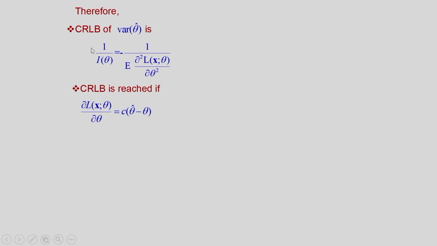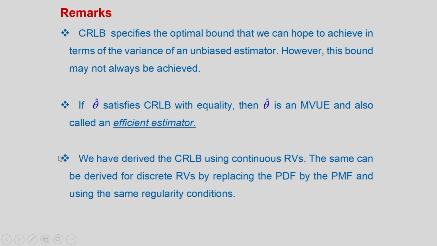So, this is the Cramer-Rao lower bound given by this expression, and this CRLB is reached if this likelihood function satisfies this relationship. Let us make some important remarks.